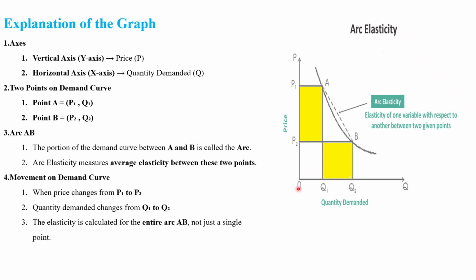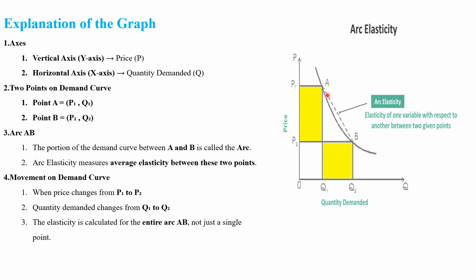When the price is OP1, the quantity is OQ1. At point A, the price is P1 and the quantity is Q1. But when the price decreases from P1 to P2, the quantity increases from Q1 to Q2 at point B. So at point B, the price is P2 and the quantity is Q2.